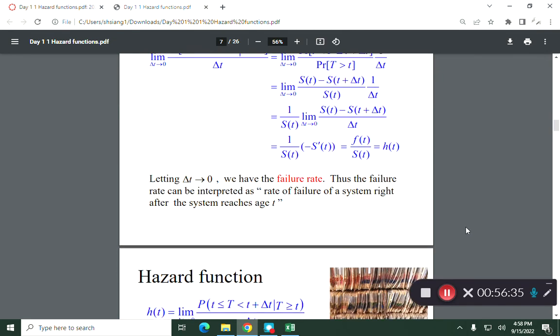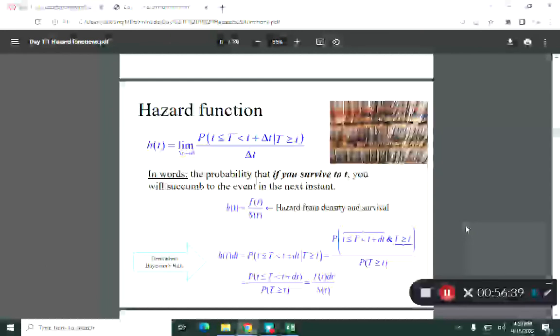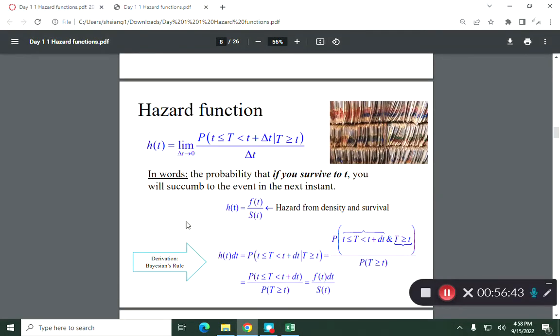Okay. Next. So what is the hazard function? Hazard function is a ratio between the density function, the PDF, and your survival function. It is a conditional probability of having an event between t and t plus delta t.